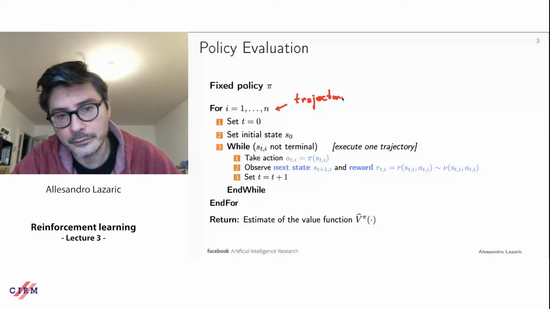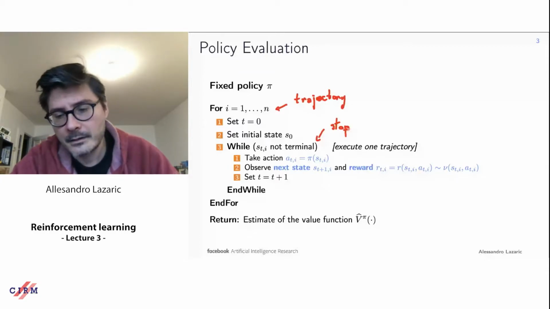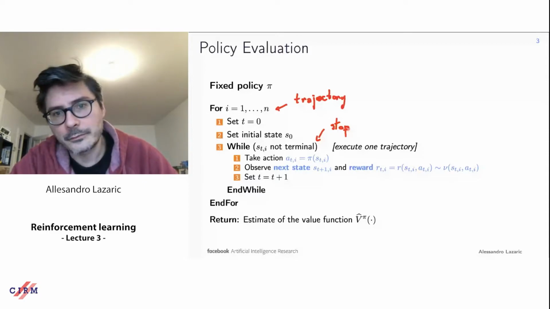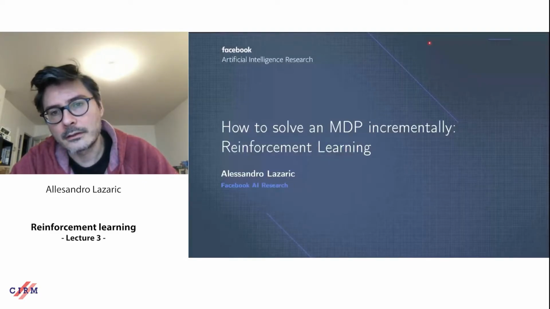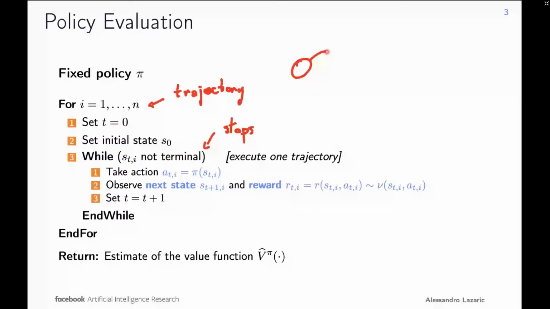So we start from a state, and we execute actions, we observe transitions, and so on and so forth. So this thing here we will be calling a trajectory, while each of these things we will be calling a step. Okay, so a full trajectory.